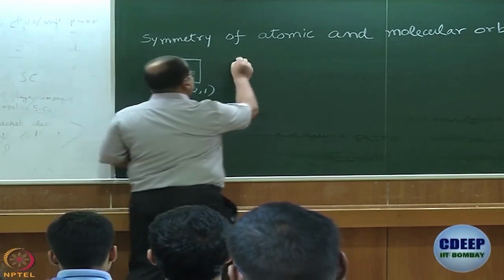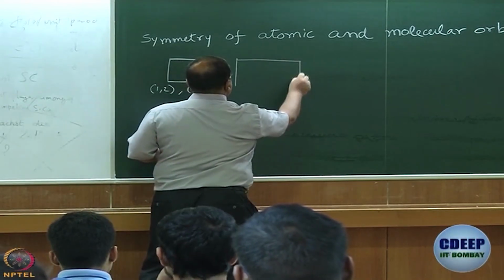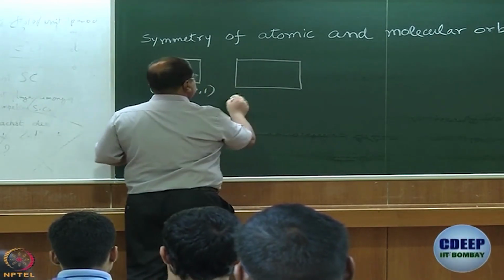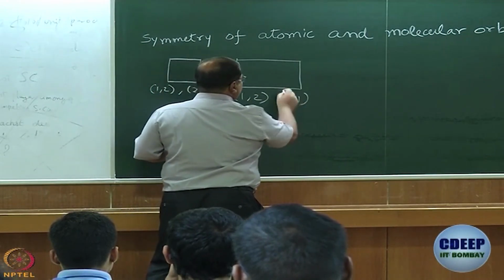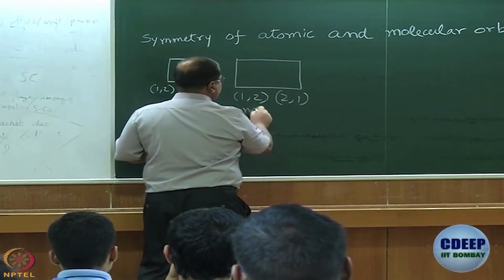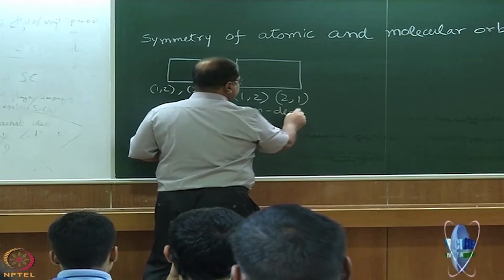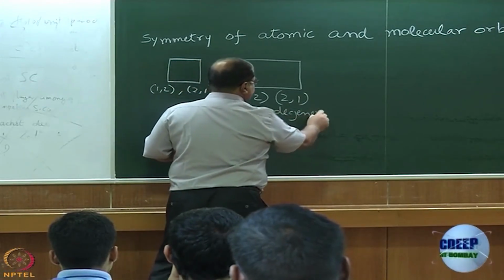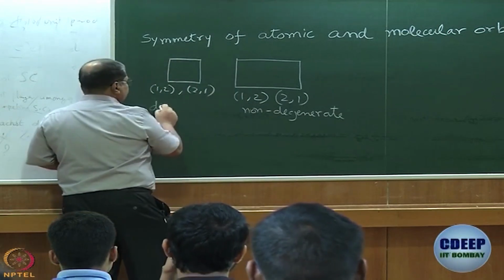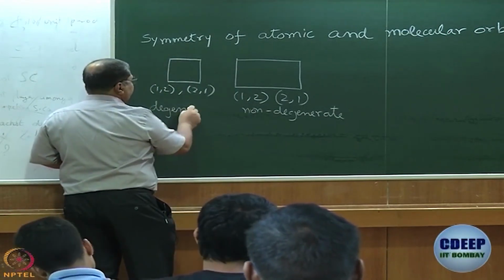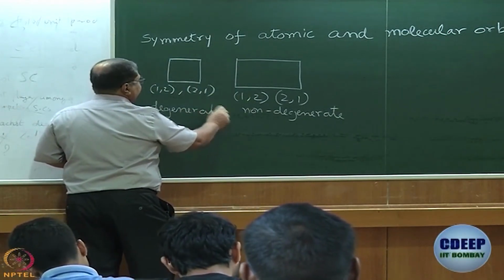What about a rectangular box? Now 1 2 and 2 1, these are non-degenerate. Here they were degenerate. Degenerate, as you know, means same energy.